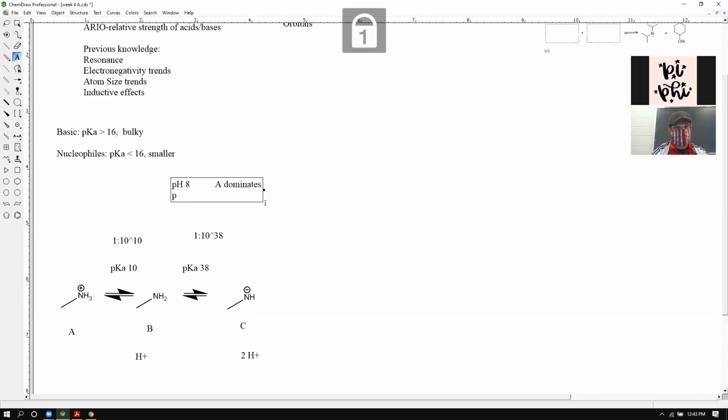A, C, B, B, A, B, A. And again, we're kind of a little bit all over the place, which is totally fine. I expected that with this problem. Now, with the pH being between the two pKa's here, it's the middle one. Okay?